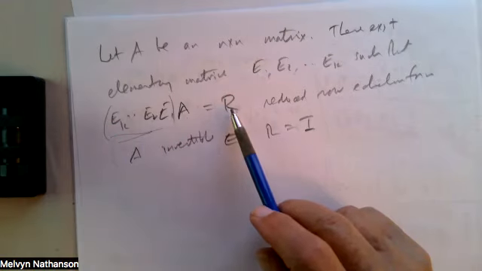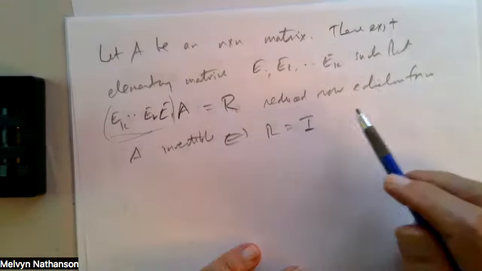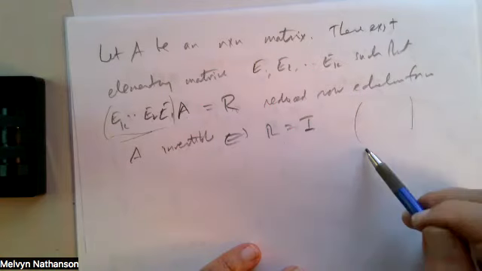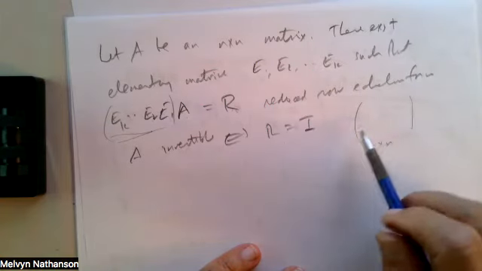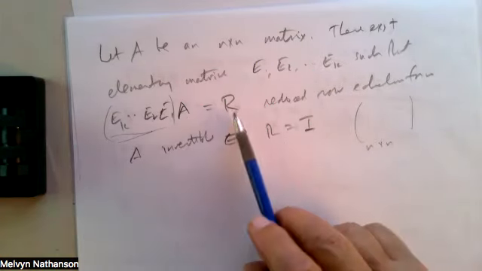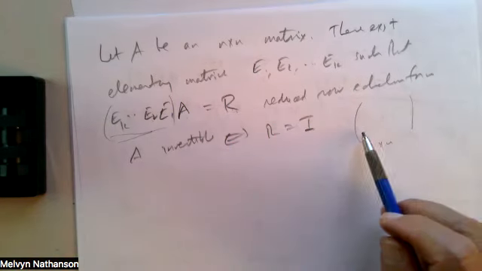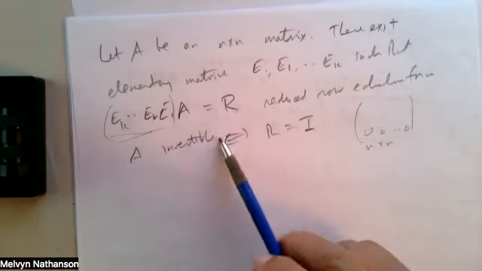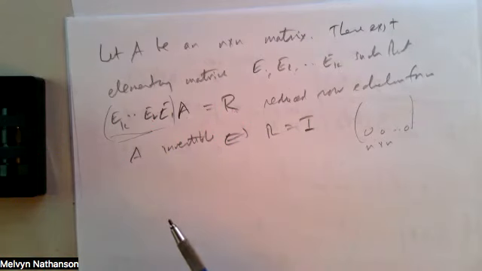this matrix R, what does R look like? R is in reduced row echelon form. It's an n by n matrix. If R has any 0 rows, then A cannot be invertible because A would have a 0 row.